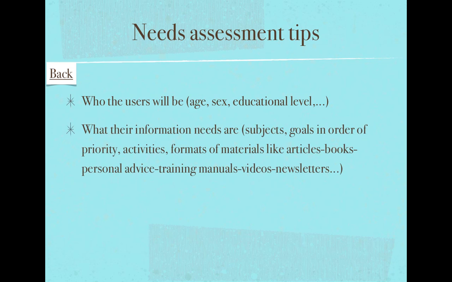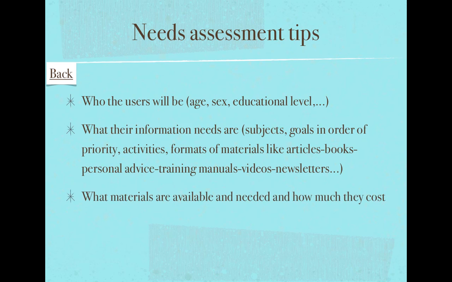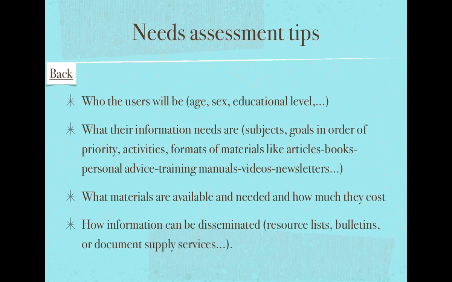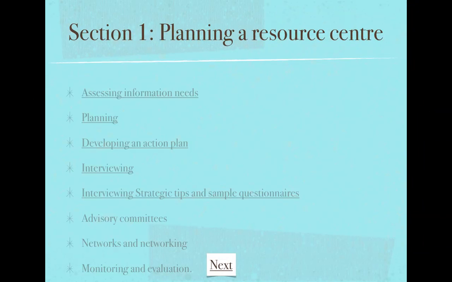Find information on what their information needs are: subjects, goals in order of priority, activities, formats of materials like articles, books, personal advice, training manuals, videos, newsletters. What materials are available and needed and how much they cost. How information can be disseminated: resource lists, bulletins, or document supply services. So this is for the first thing.